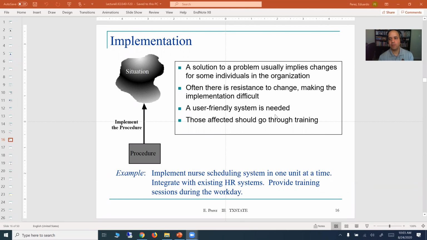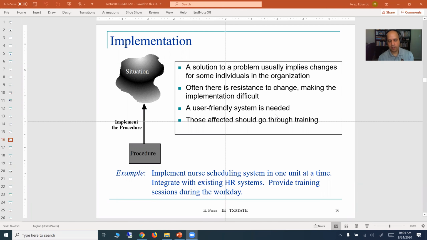You can involve them from the beginning in your planning and problem definition, so by the time you get to the implementation, they know what you have done and they will be on board. Those are the things you might want to consider.